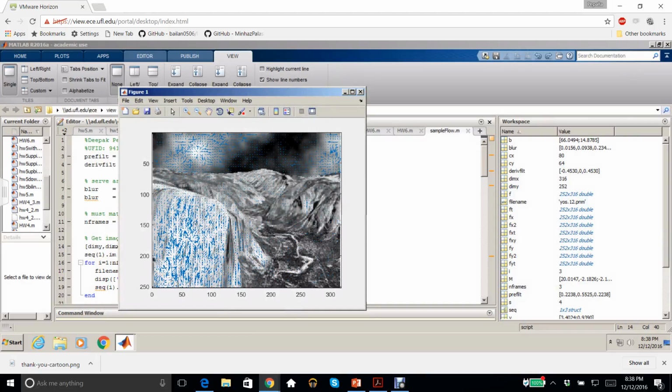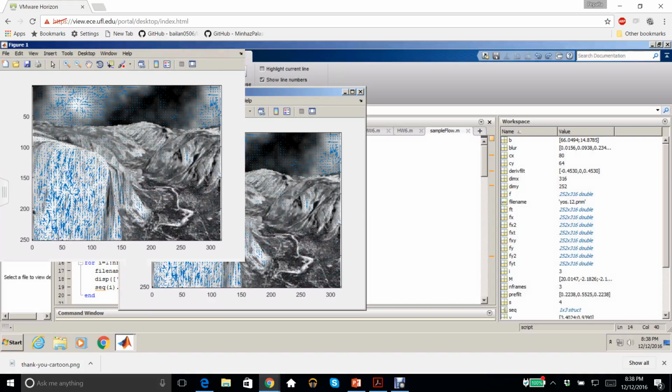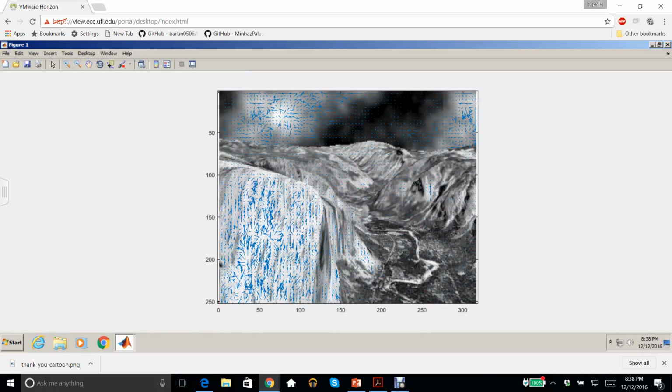The final output image has all the blue dots on it, which basically means the displacement of the tracking points, or displacement of the features to be correct, and these blue lines represent how much the feature points from the first image have moved when we came to the last image in the sequence. So this is what we try to find here, the displacement of the tracking points from the first image to the last image using the Kanade-Lucas-Tomasi algorithm.